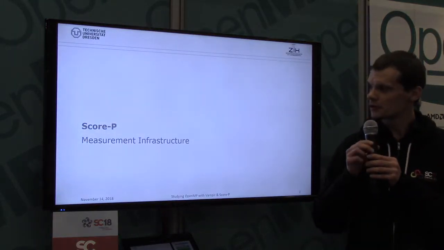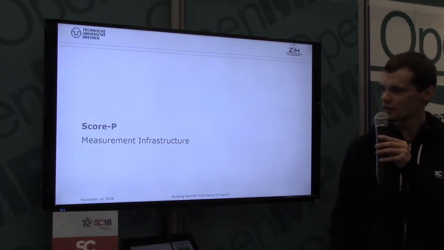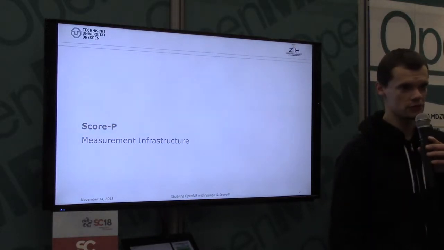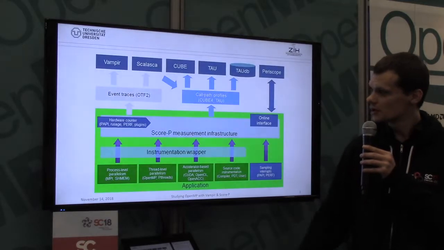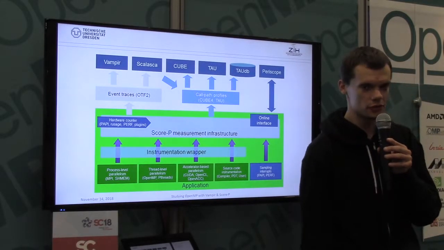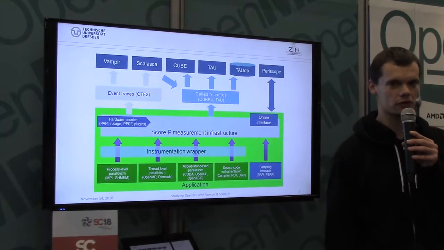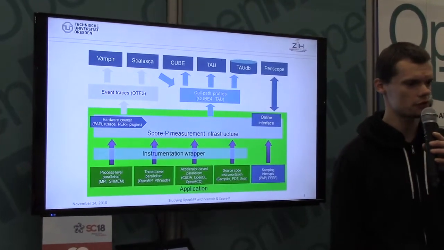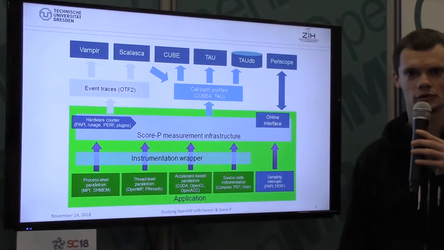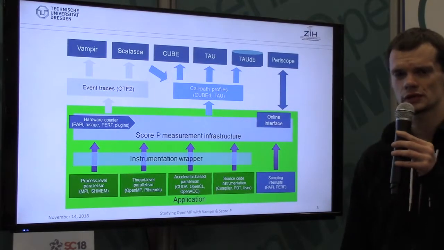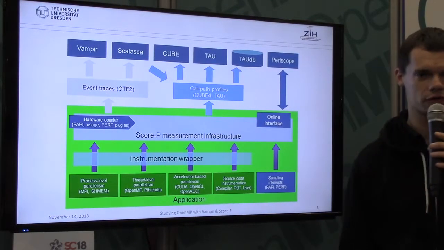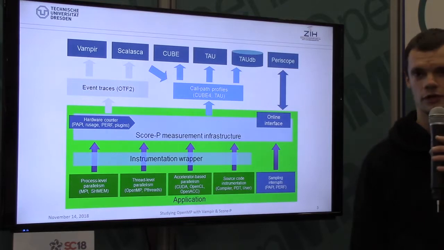So let me start with a brief overview of the Score-P measurement system here. So Score-P is a jointly developed measurement infrastructure. It's developed by partners in Europe like RWTH Aachen, Forschungszentrum Jülich, Technical University Dresden, but also partners from the US like Oregon.